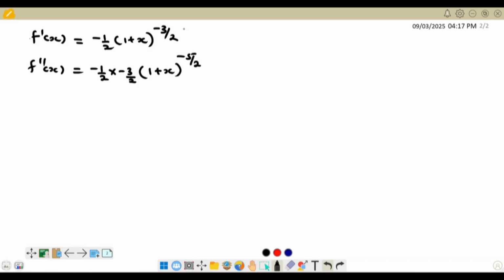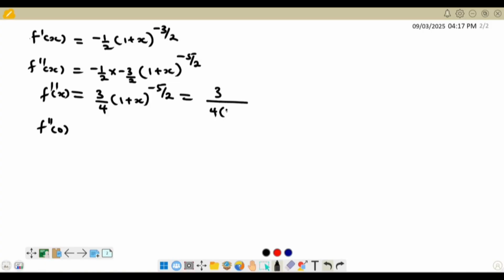So when you get this and you subtract 1, you will be able to get this. So this will be giving us 3 out of 4 into 1 plus x to the power of negative 5 divided by 2, and this will be f double derivative of x. So having got f double derivative of x, we can now get f double derivative of 0, since we can easily write this as 3 out of 4 into 1 plus x to the power of 5 by 2.